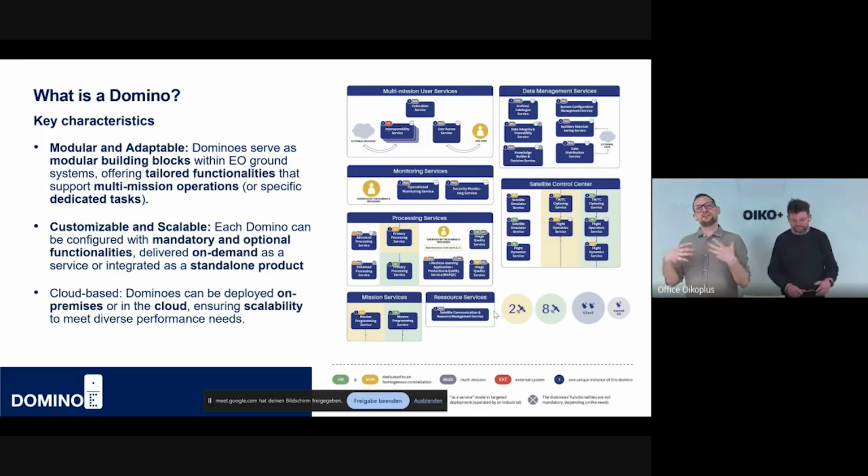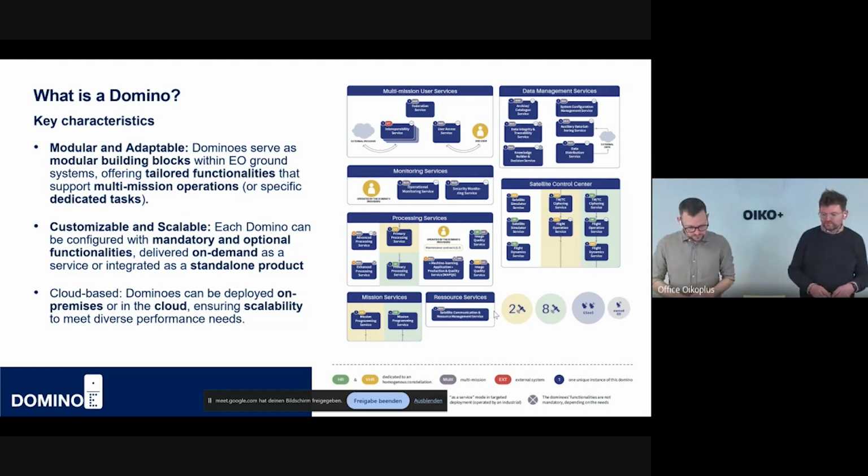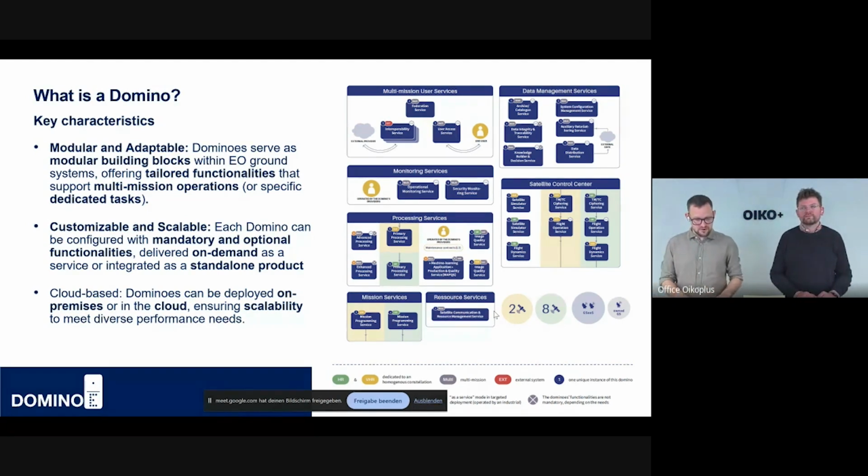So this is basically a sum up without any claim for completeness. Also, Jean-François was giving some insights on the technical qualities that each of these dominoes needs to fulfill.